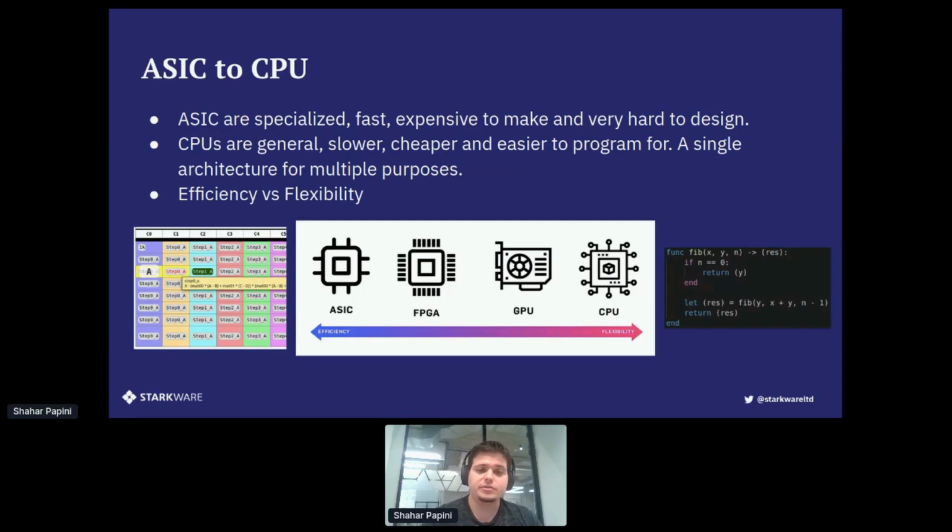They support general computation. They are usually a lot slower. They are cheaper to make. They are very easy to program for, at least compared to ASICs. This trade-off between ASIC and CPU is one of efficiency versus flexibility.